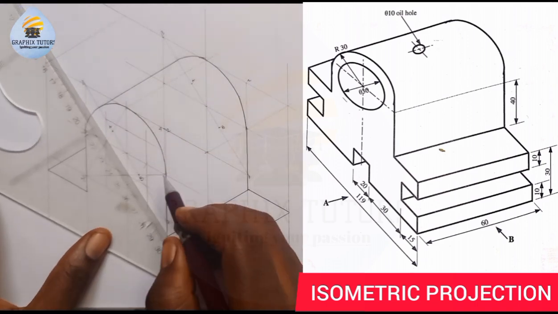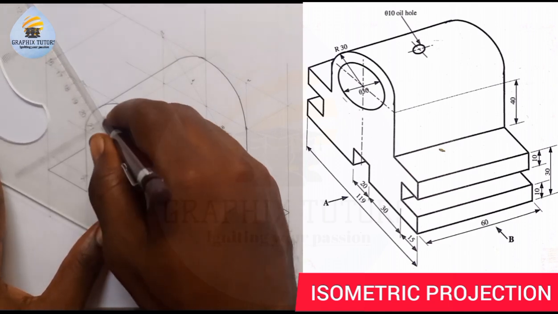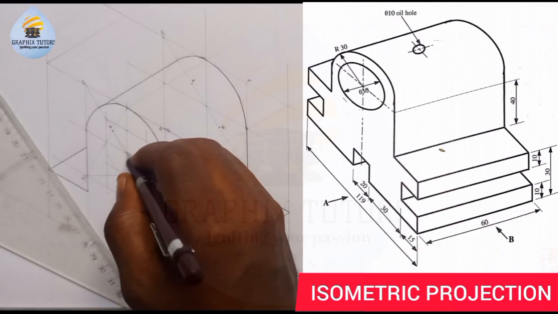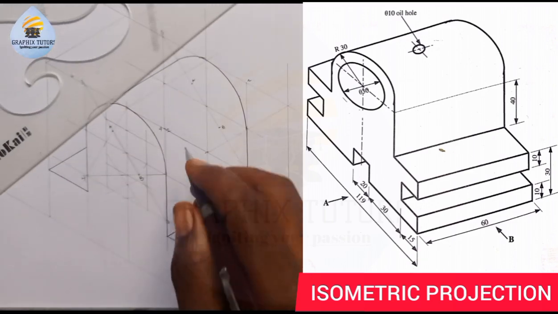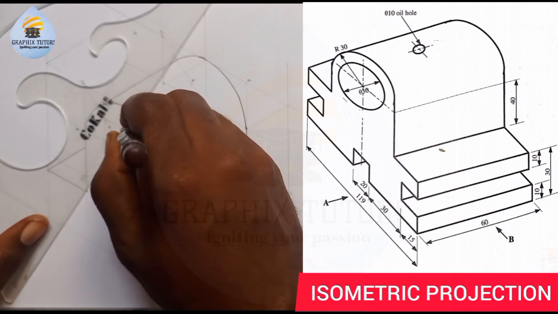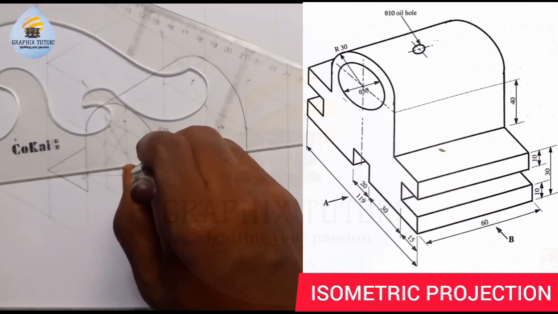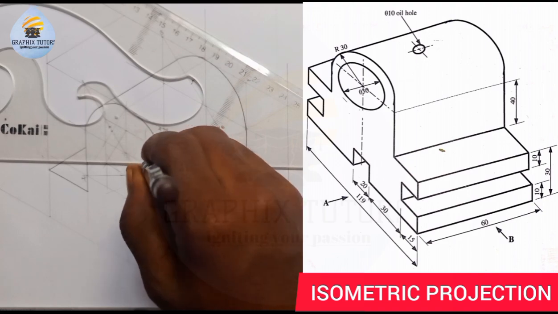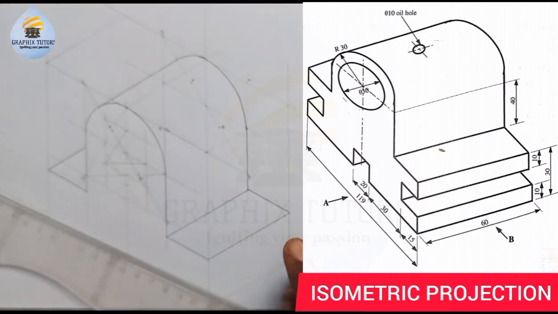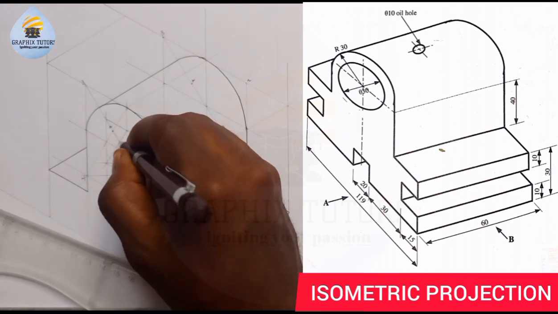Now I'm going to do the same thing in this box here. I'll draw my diagonal. Just like what I did here, I'll connect this point to this point. Then I'll connect this point to this point. So they are meeting at this point here and also at this point here.